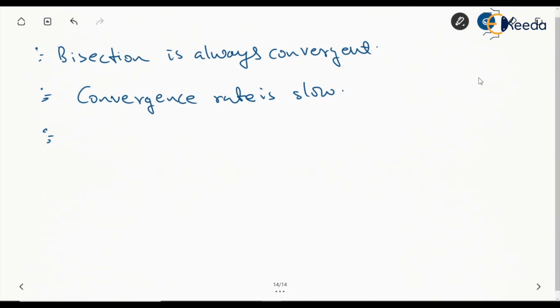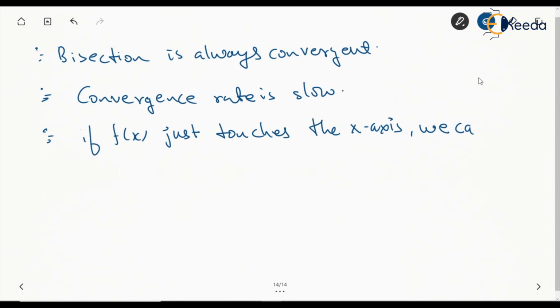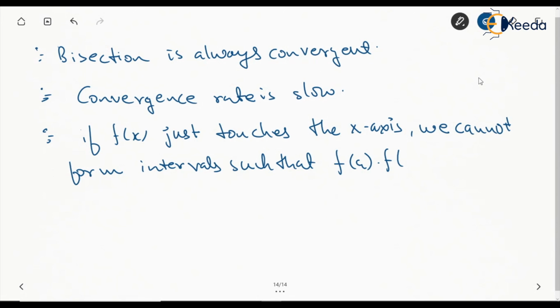So it is basically, if f of x just touches the x-axis, we cannot find any interval such that f of a into f of b is less than 0.